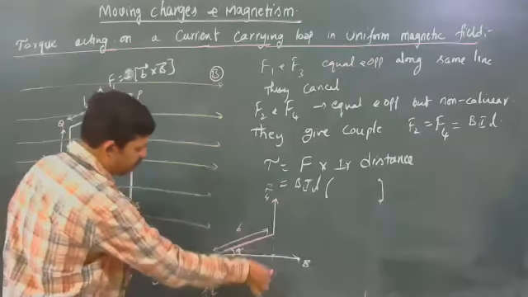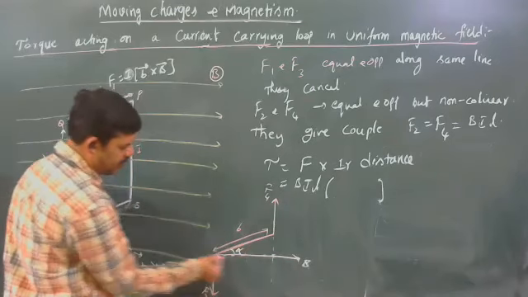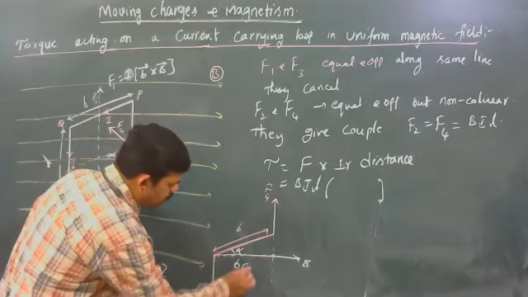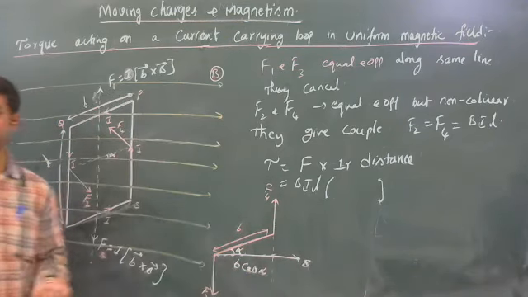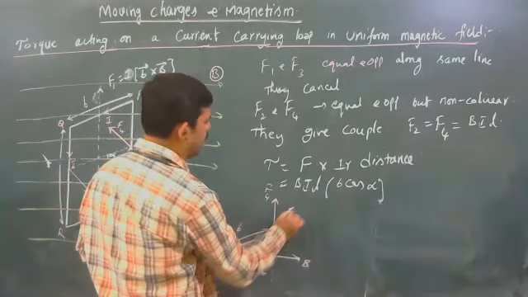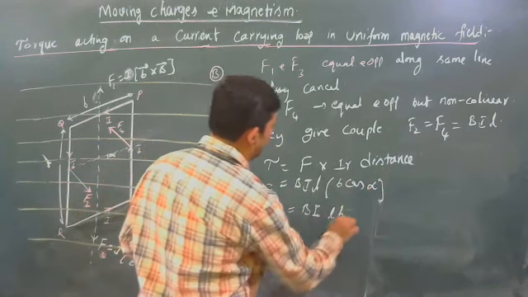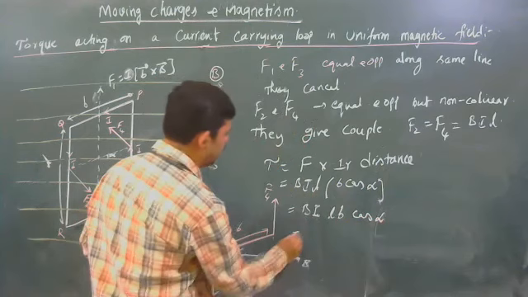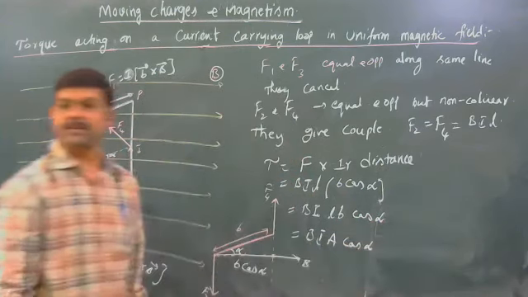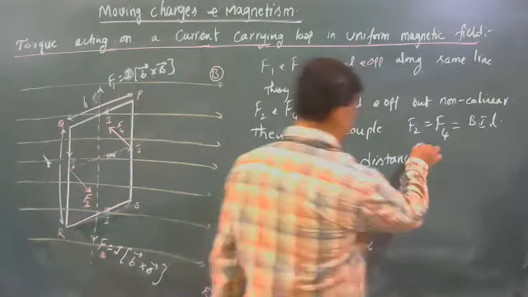This is the line of action of this force, and this is the line of action of that force. The distance is B cos alpha. That is the perpendicular distance. Then you can write BIL times B cos alpha, which is BIA cos alpha. Yes, sir.